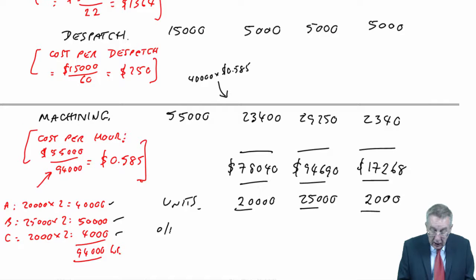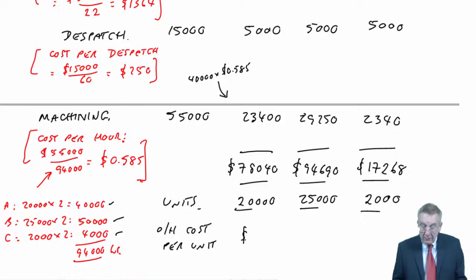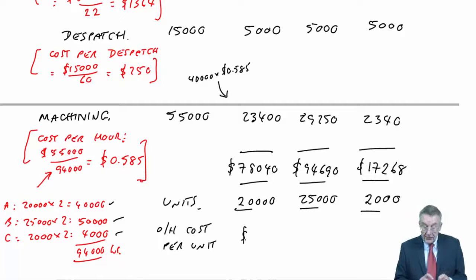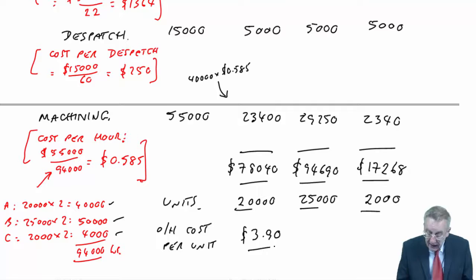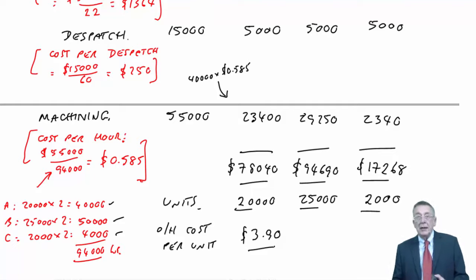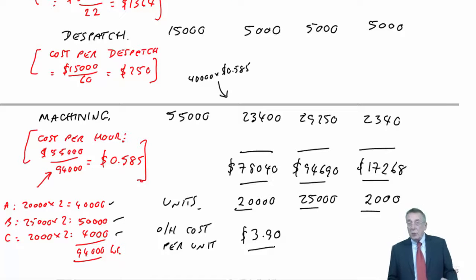And therefore, the overhead cost per unit. A 78,040 in total, divide by 20,000 is 390. And you see here, as usual, I'm keeping it to the nearest cent. And so the fact there may be $1 or $2 difference in the total, when it comes to the nearest cent, it won't make any difference at all.